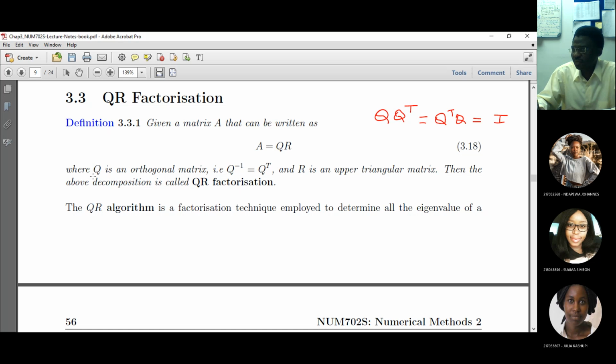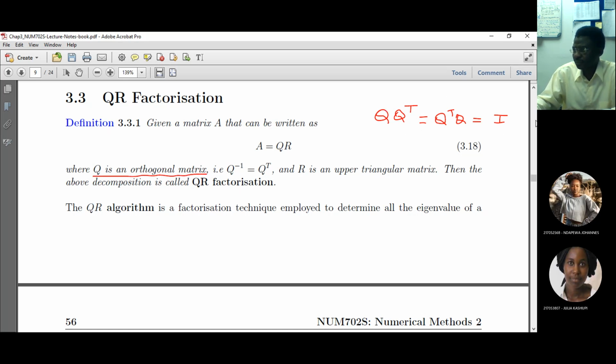That's what it means for Q to be orthogonal. It means that this is true. Orthogonal, that's what it means.